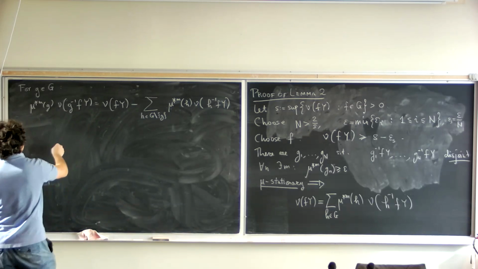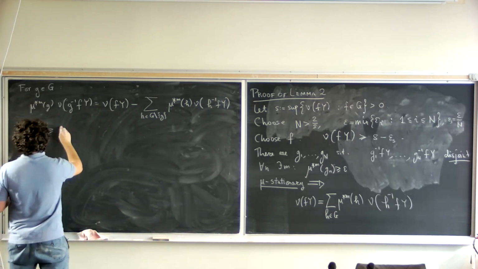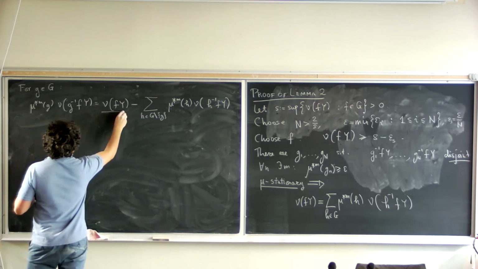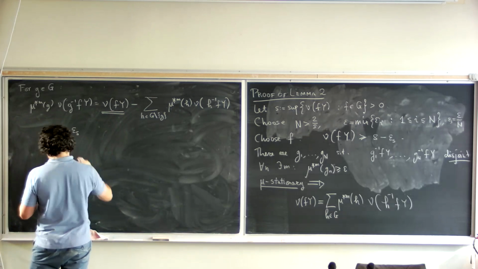And so nu of Fy is bigger than S minus epsilon S.